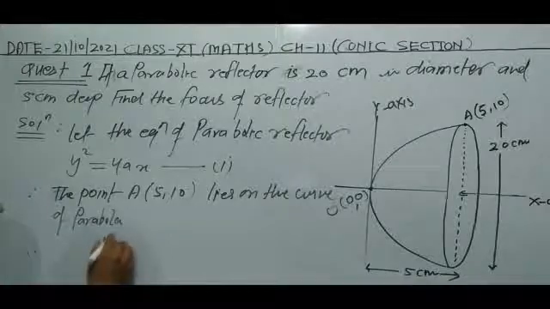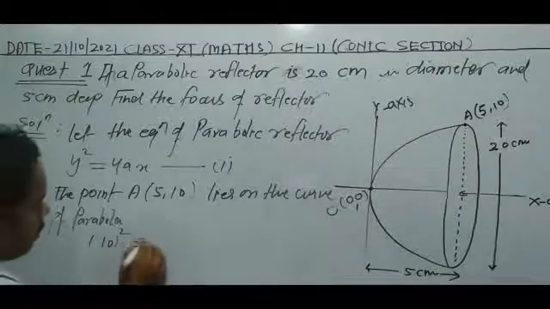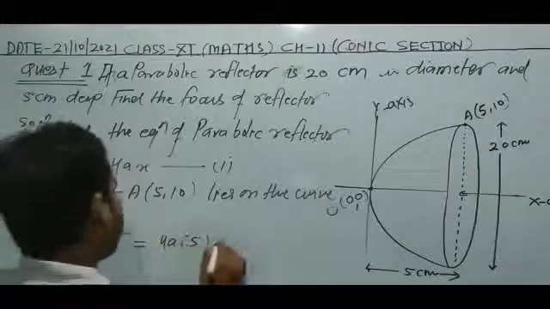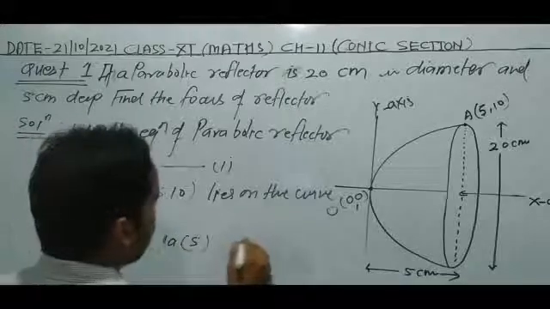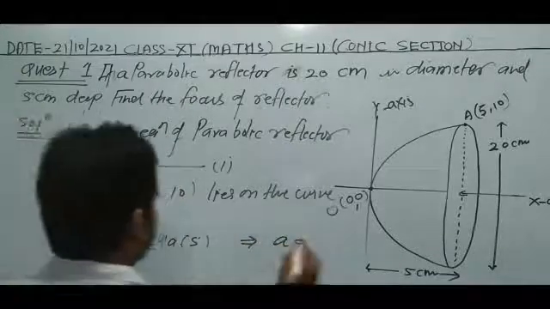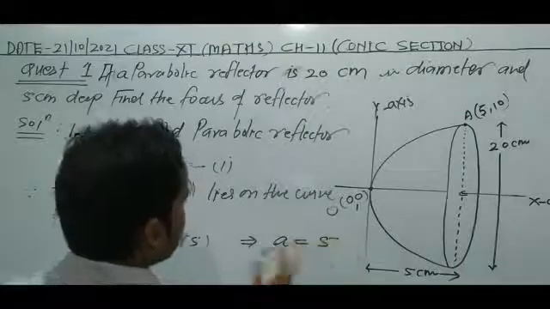Means we can write 10 square will be equal to 4 times a into 5. And now you can calculate the value of a. The result is 5.